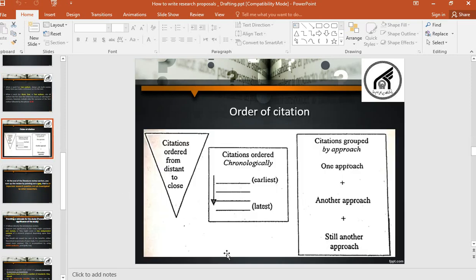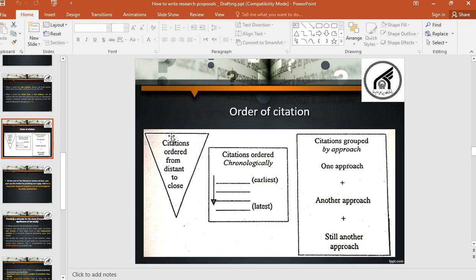Okay, this is an order of citation, how you are going to organize your literature review. You can use one of these three methods. In the first one on the left, as you can see, citations are ordered from distant to close, whether they are related to your study or not.